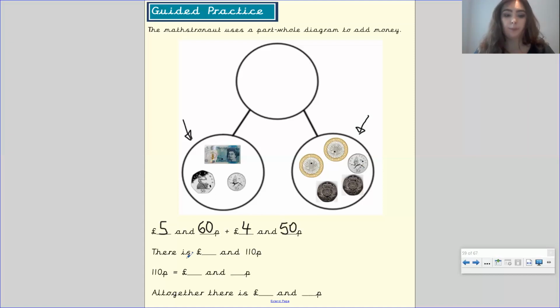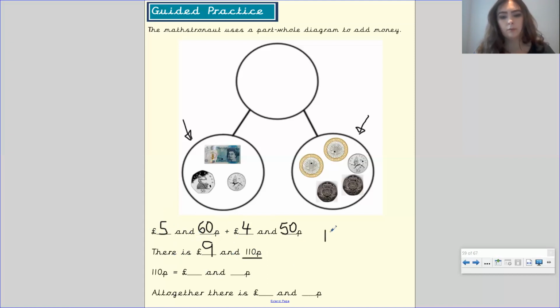Now what we need to do is add together our pounds. So we've got £5, add £4. What is £5 add £4? Pause the video and have a think. Well done if you said £9. Then when we add the pence together, we get 110 pence.